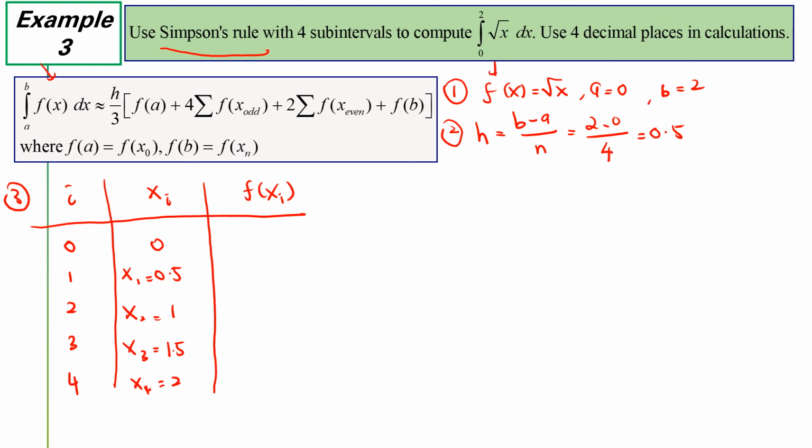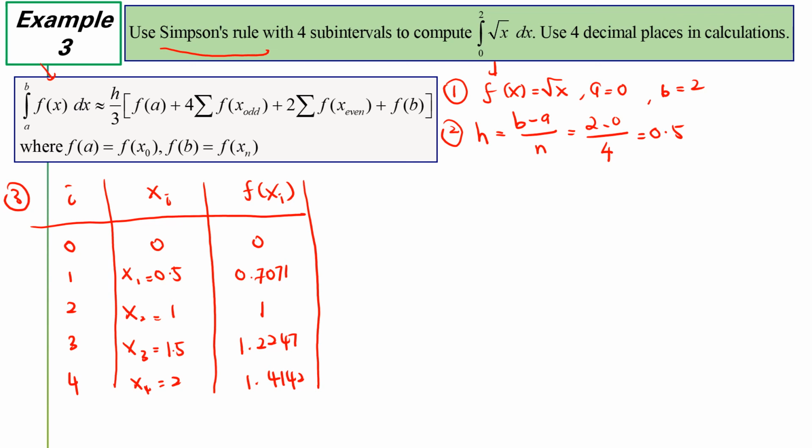For f(xi), you just substitute xi in f(x). So you get 0, 0.7071, 1, 1.2247, 1.4142. Next, when you want to use Simpson's rule formula, you have to determine f(a), f(x odd), f(x even), and f(b).